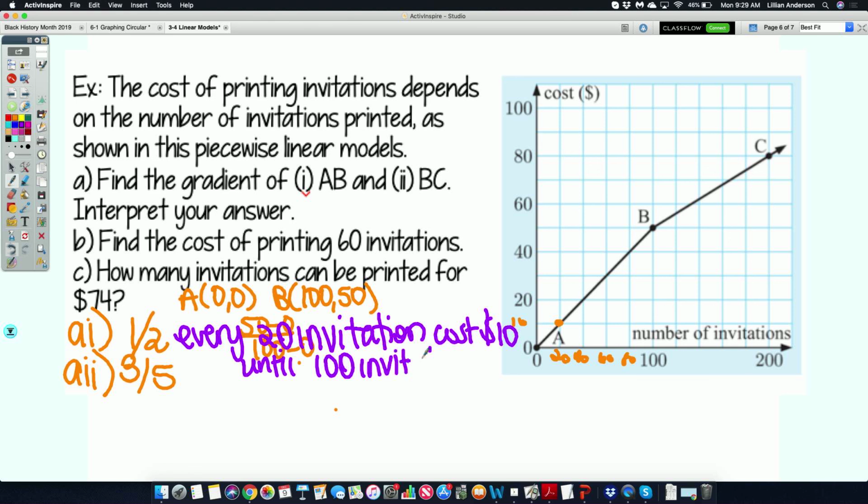Because what happens after 100 invitations? The gradient changes. Now the gradient is 3/5. So what does that mean? The price does decrease. So now it's every 200 is $80.